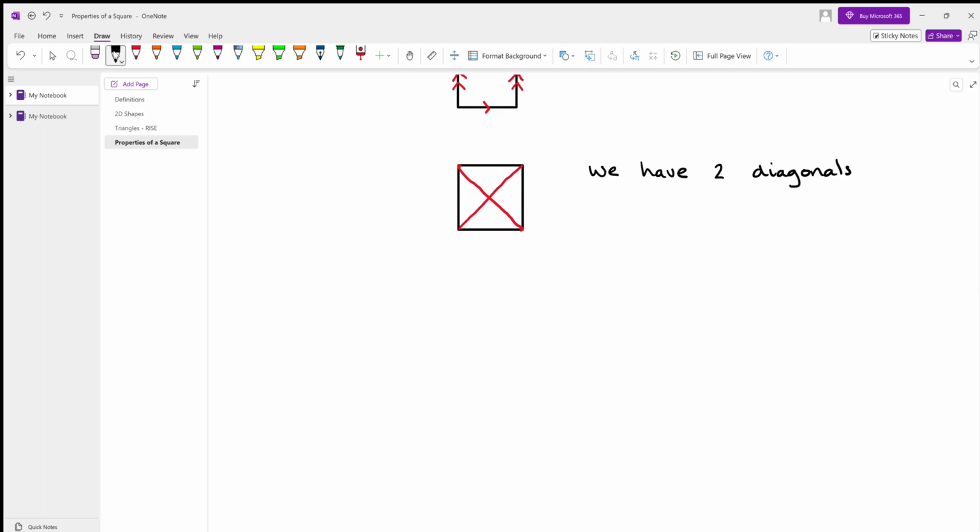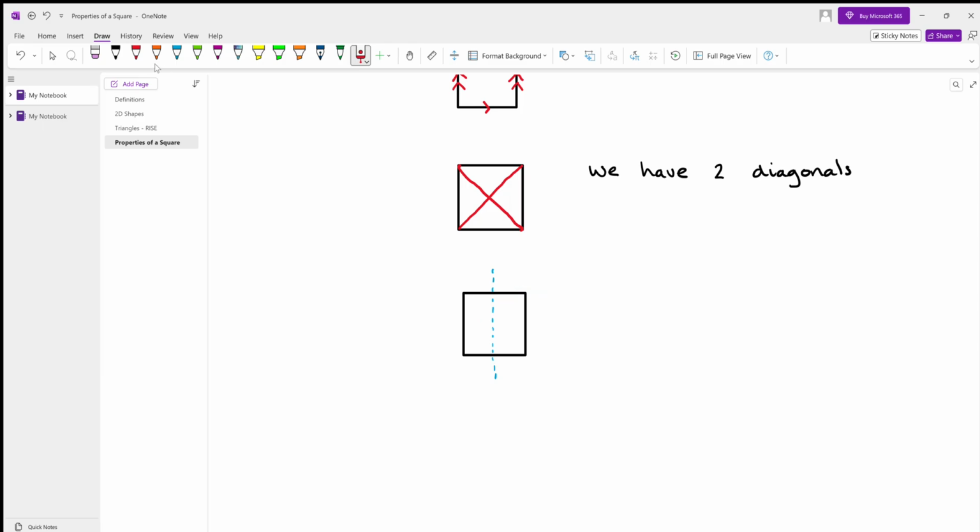Right, I just want to do one more, maybe two more: lines of symmetry. So let me just draw another square. I want you to learn all these properties, okay? If you can, please. A line of symmetry is if I cut the shape in half and I put a mirror down here. This half will be exactly the same as this half.